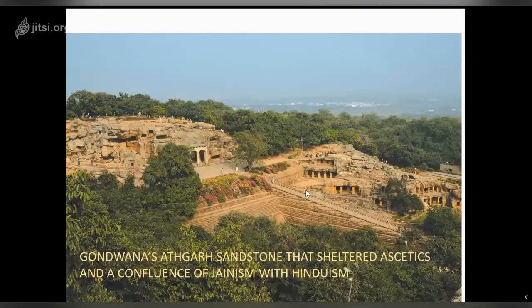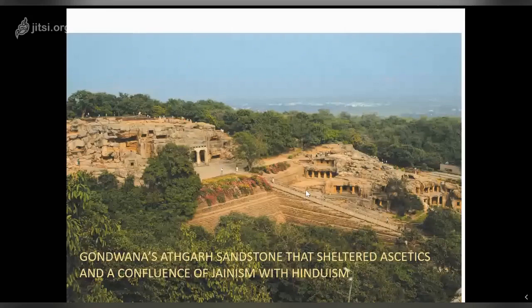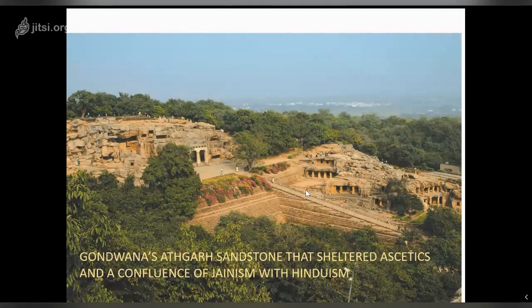The way they were constructed shows the austerity observed by the Jain monks, because there was no amenity which would speak of luxury or greater comfort. It was like small cells with low ceilings, without any decoration inside, plain and simple for a very austere living.